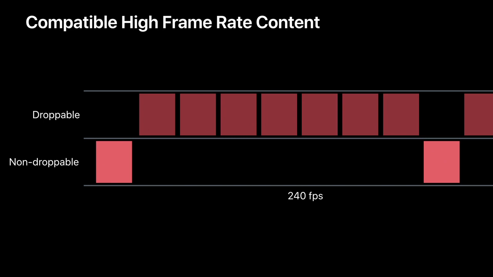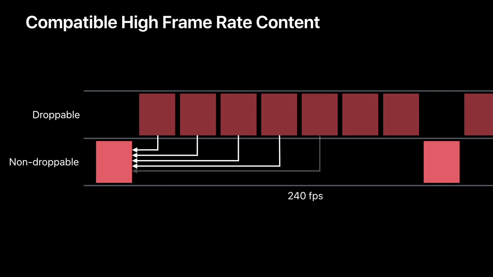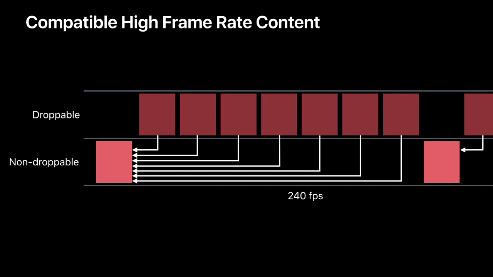On devices that only support 30, we can also play back there. Now let's throw in our frame references. Because these frames are droppable, they can't refer to each other, and they all refer to the non-droppable frame. Now, those of you with compression experience are already seeing one problem: compression suffers because we can't refer to the nearby frames. They're all referring to the non-droppable frame, and a lot might have changed between the non-droppable and the droppable frame. All right, so that's problem number 1 that we're going to fix.